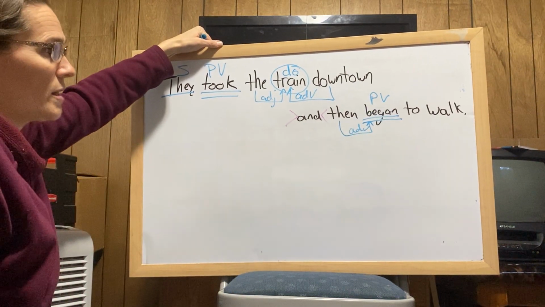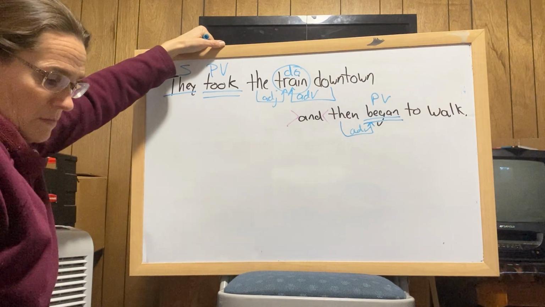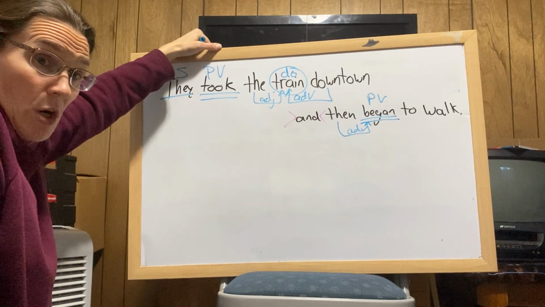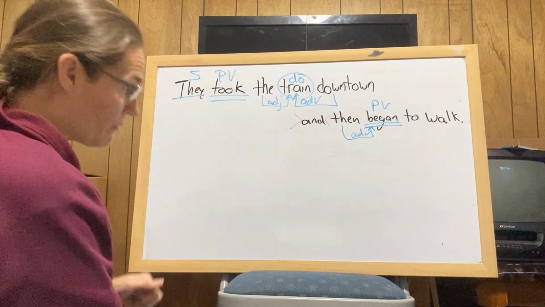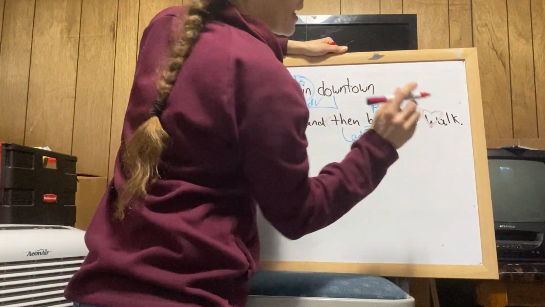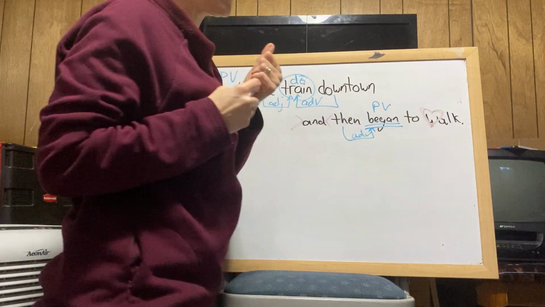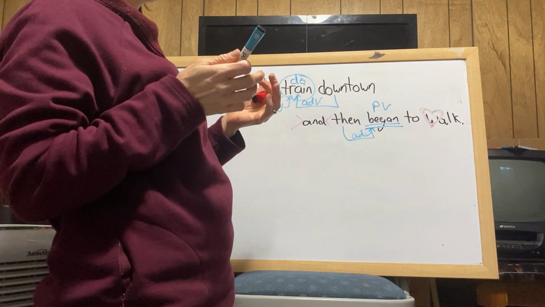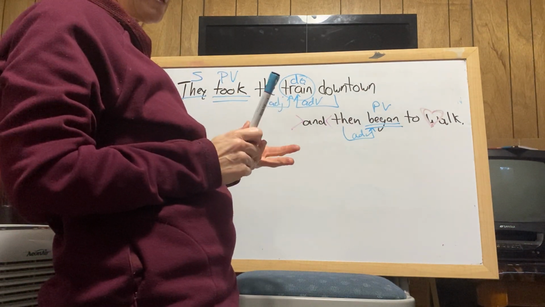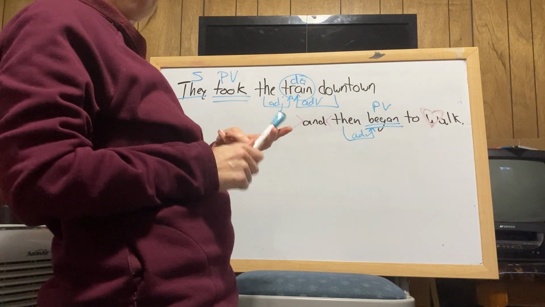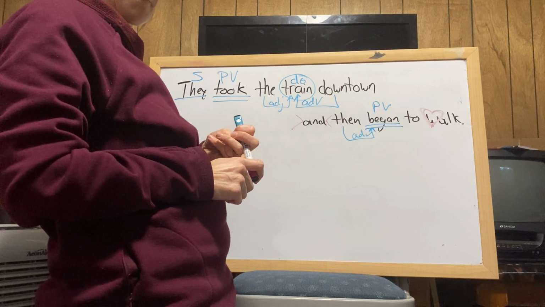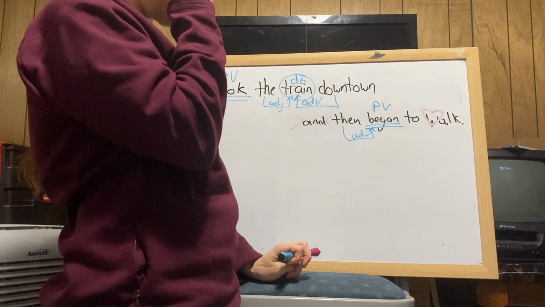So what about to walk? They began to do what? I know to walk looks like it's a verb, but right here, it's also an activity. A noun can be a person, place, thing, or an activity. There we go, that's the word I was looking for.